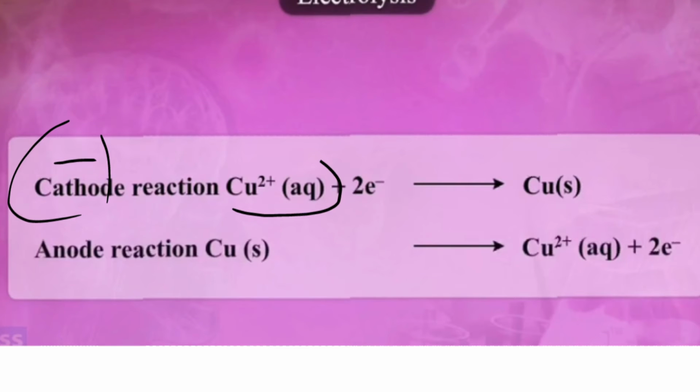So you can see here the oppositely charged Cu2+ started moving, and at the cathode it accepts two electrons and becomes copper. And at the anode, it is positive, so the electrons go on leaving, and the copper ion is formed.